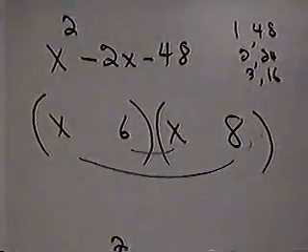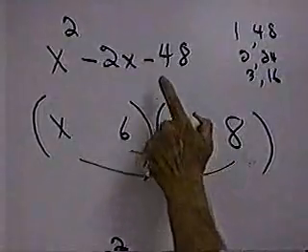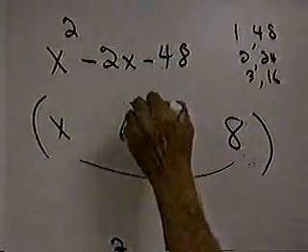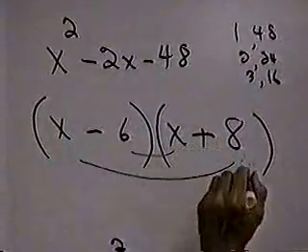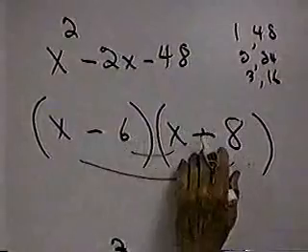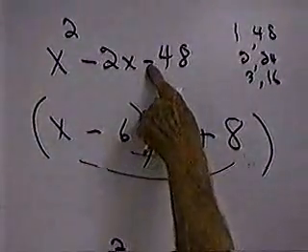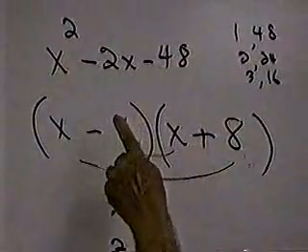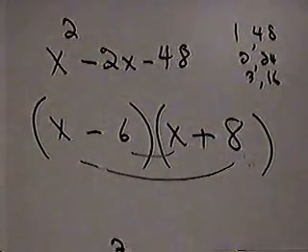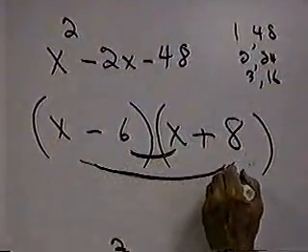So now we're not there yet though, because here's the thing I want you to hear. If the last sign is a minus, then this has to be a minus and a plus. Or the minus could be over here and the plus over here. I'm not saying which one, but if the last term is a minus, then it's going to be a plus minus. Now what we do is simply figure out this plus this.